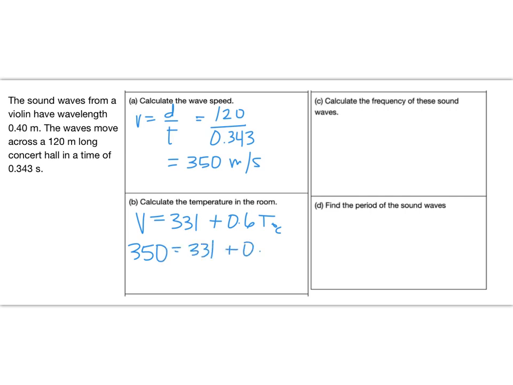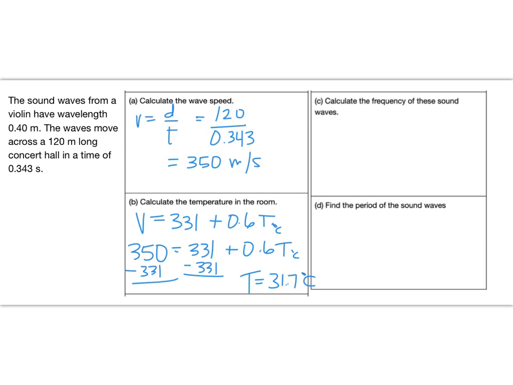I can then notice that the only thing I don't know is that temperature, and so then I could subtract 331 from both sides, find that, divide by 0.6, and we would get our temperature, and this is 31.7 degrees Celsius. Okay, so make sure you label the temperature units, degrees Celsius.